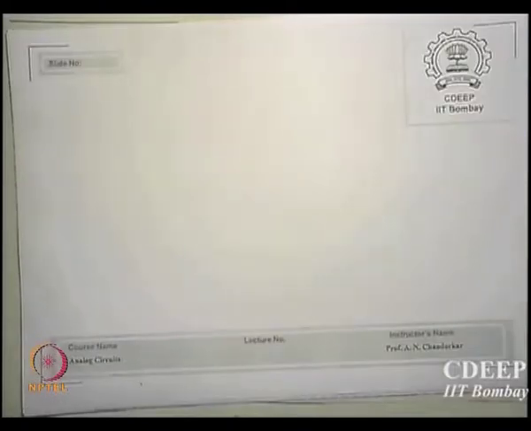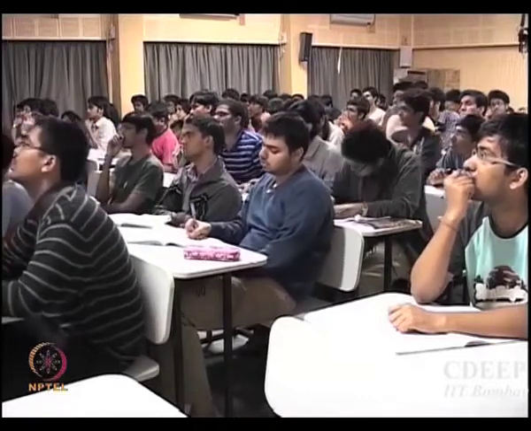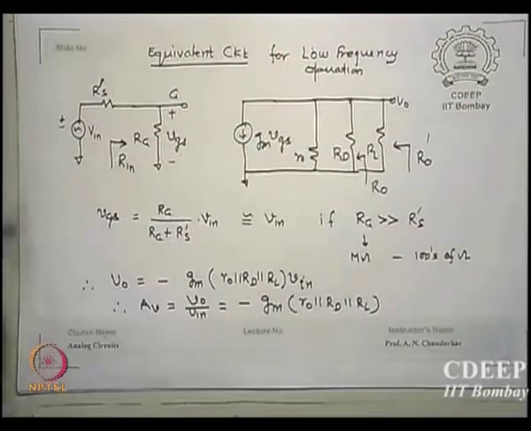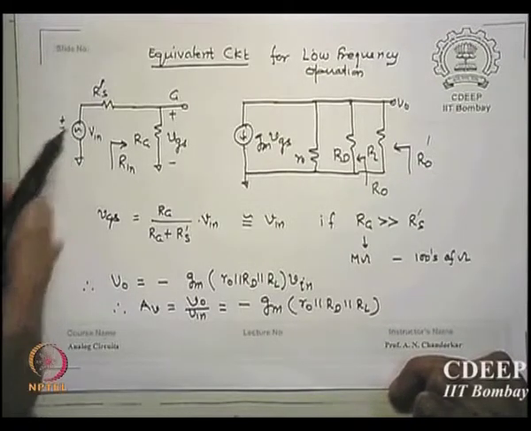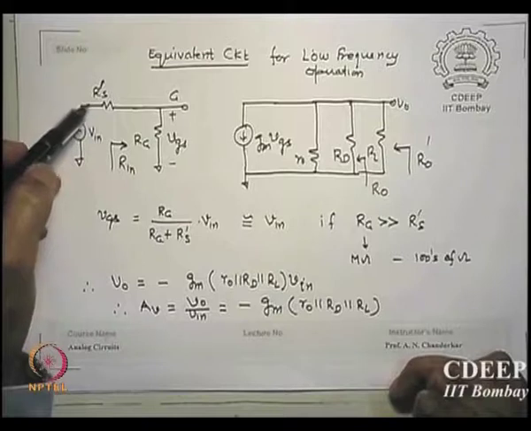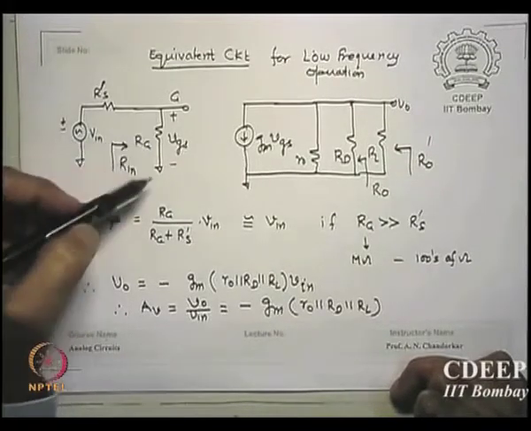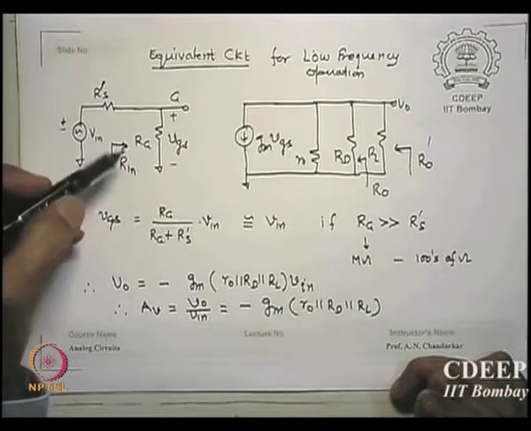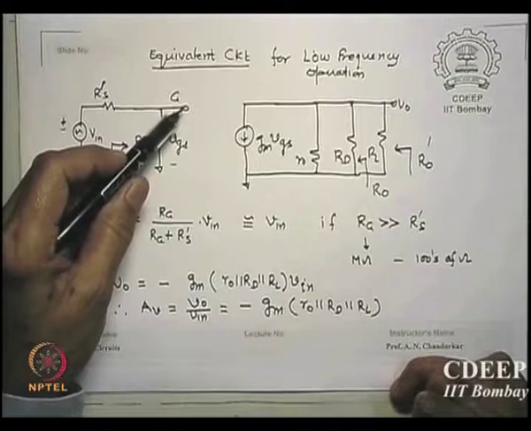If I have this circuit, then I can draw the equivalent of that. At the input side, you have an input source Vin, you have a series resistance of the signal source RS dash, you have the larger resistance of the bias network Rg, and then you have a gate here, is that okay?